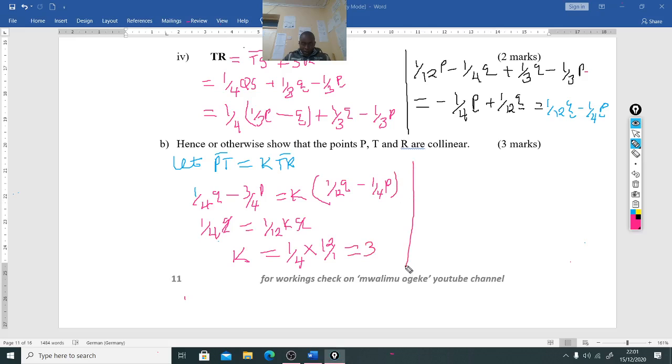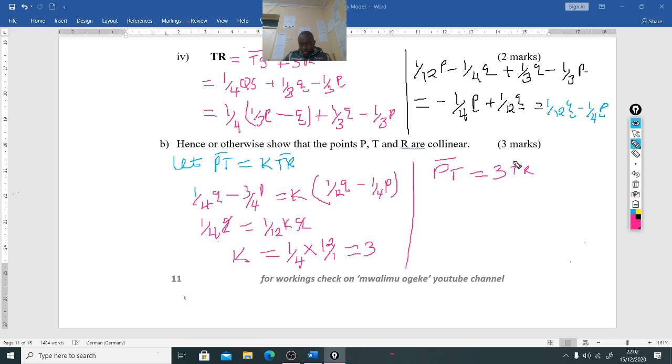So if that is the value of K, we can easily say that PT equals 3 TR. PT is a factor, 3 TR.